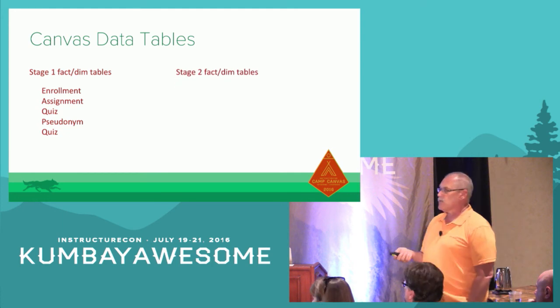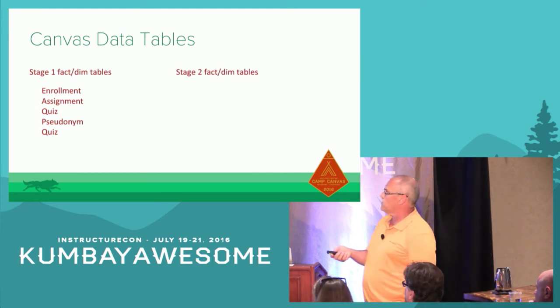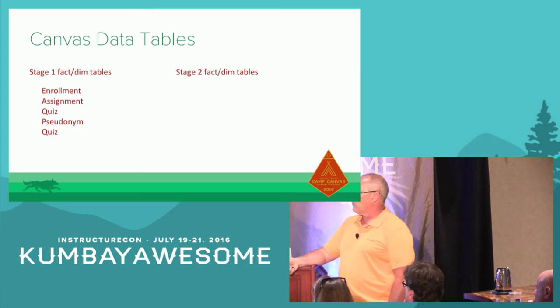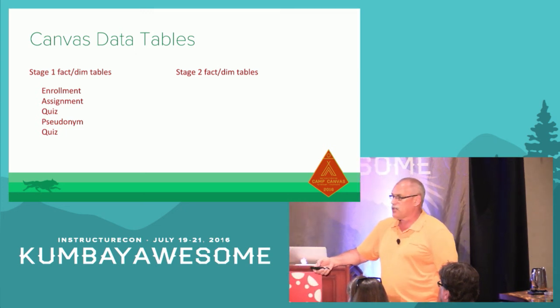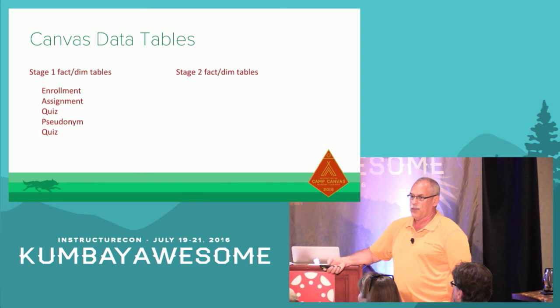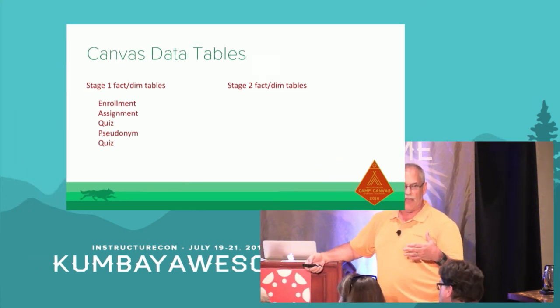After we get through the first stage, then we'll go to stage 2, which will be more usage data. Usage data is going to depict a higher level of use in Canvas, and we're just not there yet, right? So there's no sense to spend a lot of time digging through those tables and putting those together.